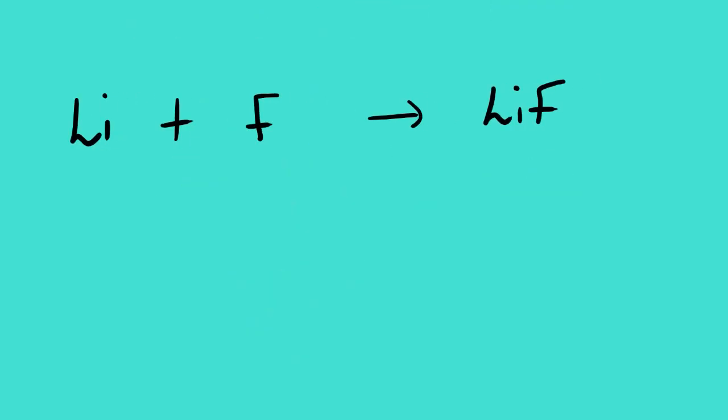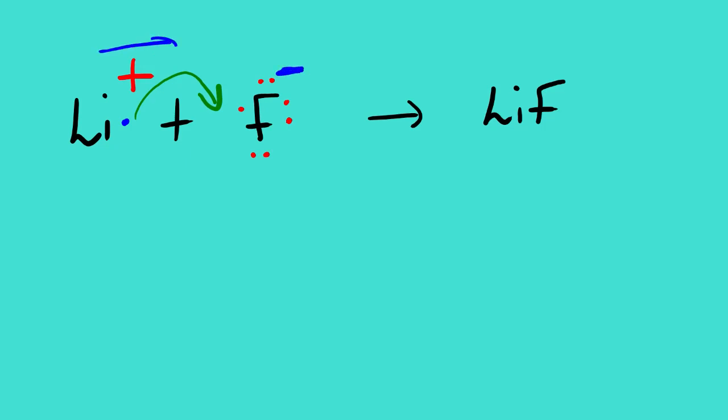Another example is lithium fluoride, whereby we react lithium and fluorine. Fluorine is also in group number 7. It's similar to the previous example. Lithium in this case is a metal. It will donate its electron and become positively charged. This will receive one electron and become negatively charged.